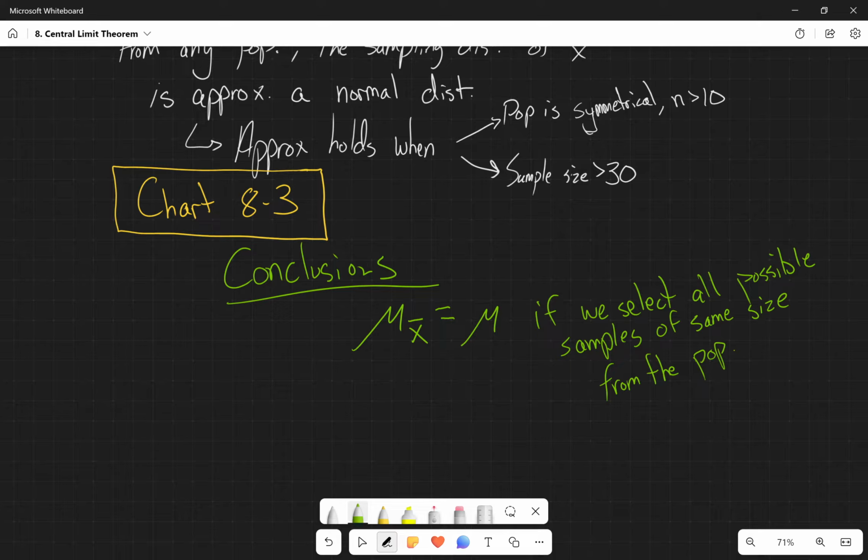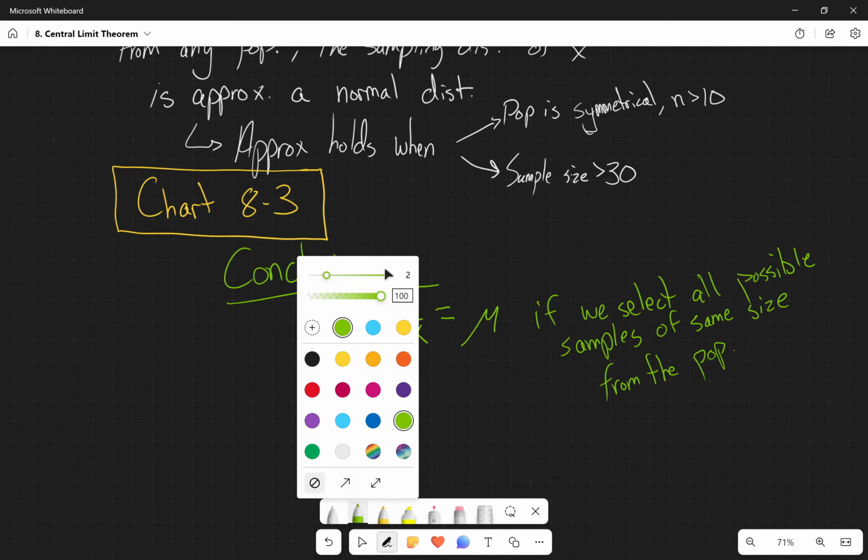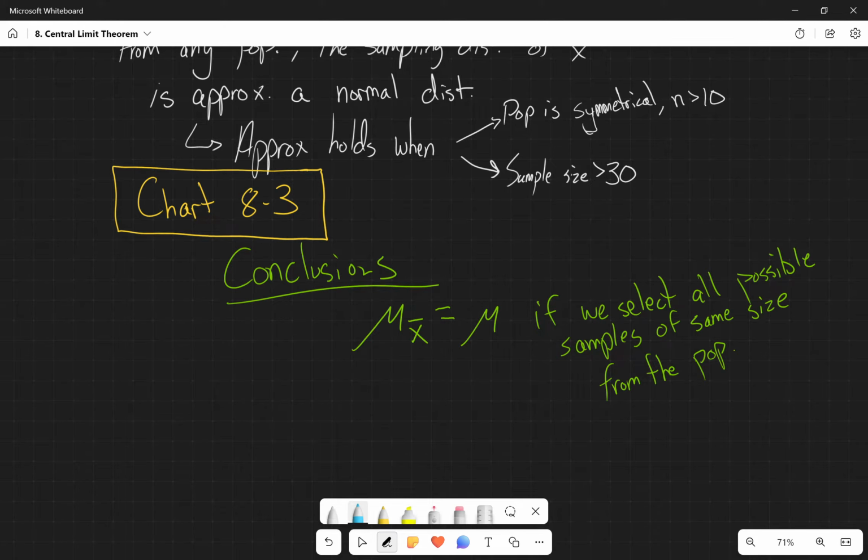We talked about how the spread of the distribution of sample means is going to be different than the spread of the population parameters. And so the kind of corollary to that is that we have a new standard error formula. Really of the sample means, right?